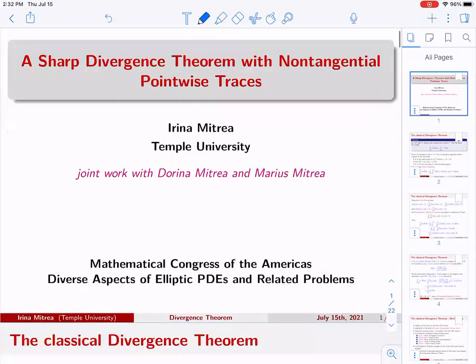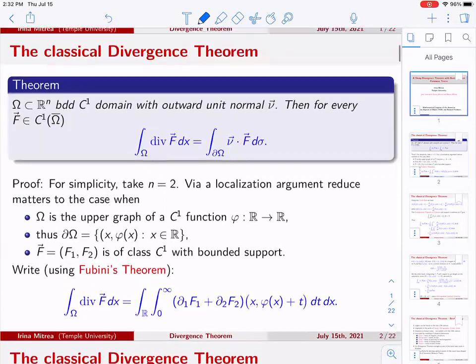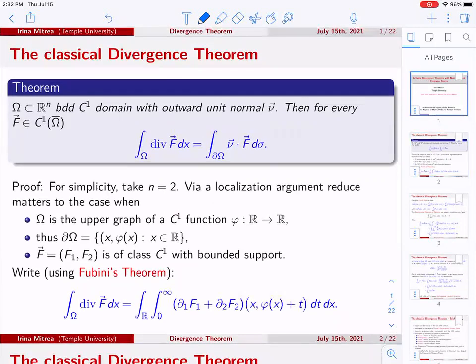Let me start by reminding everyone of something we teach our undergraduate students in advanced calculus, the classical divergence theorem. For simplicity, I'm going to take n equals 2, a bounded C1 domain omega in R2 with outward unit normal nu, and a vector field F of class C1 all the way to the boundary, so on the closure of the domain omega.